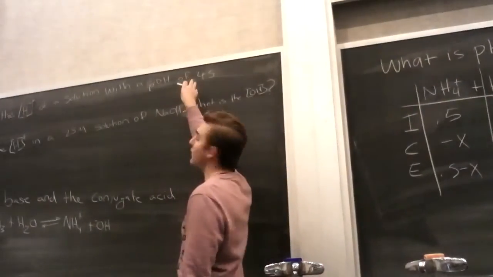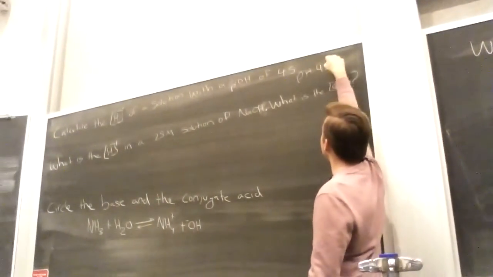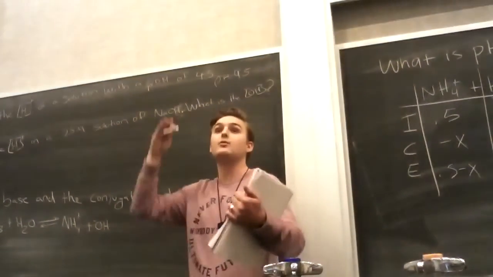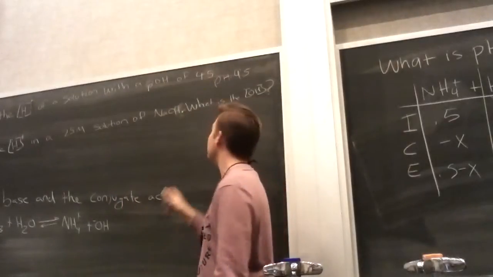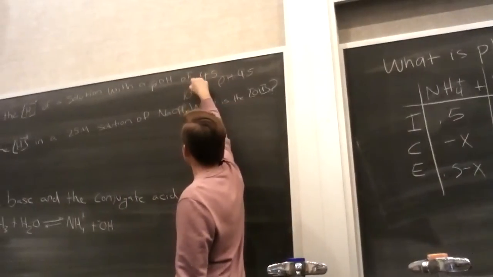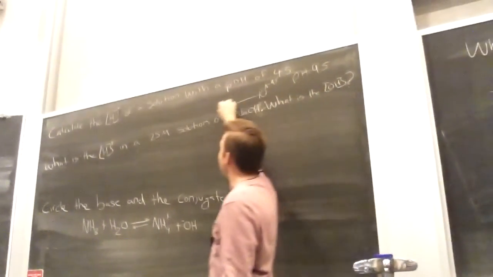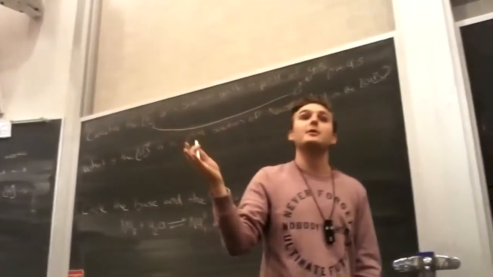So when I take 14 minus 4.5, I get a pH of 9.5. To get the H plus concentration, I go 10 raised to the negative pH. Really need to hit that home. That's how we do it. 10 raised to the negative 9.5 will tell me my H plus concentration in this specific solution, okay? That's how we do number 1.